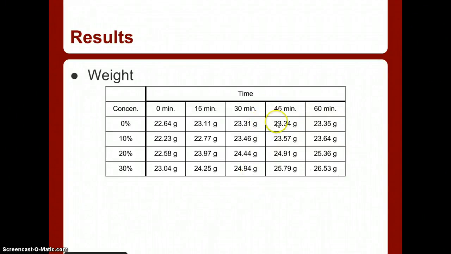It applies here, here, and it does apply here. Here, it doesn't apply, well, generally, because this one has a difference, but this one increased more than this one, I believe, or just about the same. And in the end, the heaviest bag was the one with the 30% concentration.